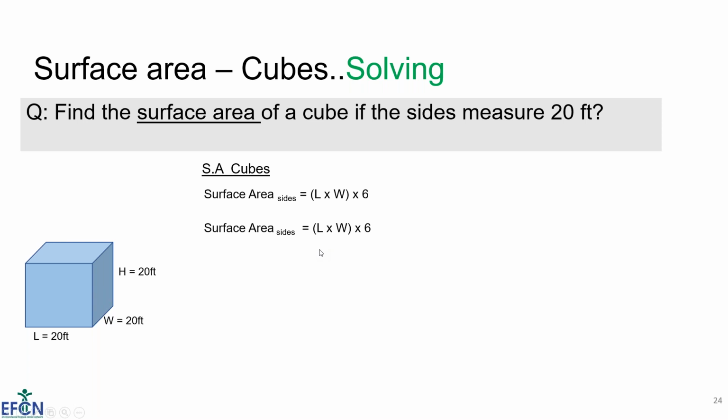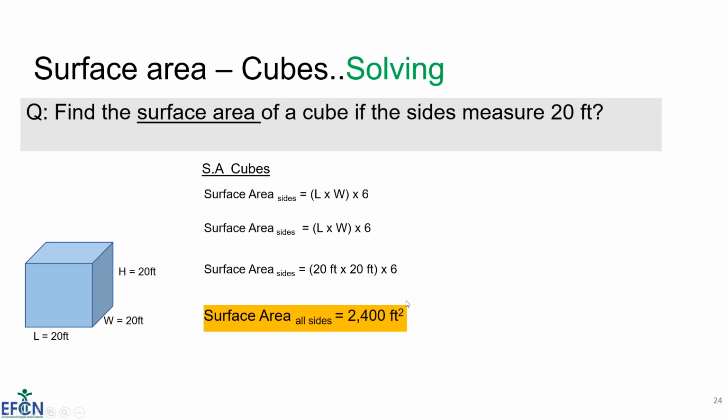So my surface area here would be of all sides is 20 feet multiplied by 20 feet, and then I'll have to multiply by 6 because we have 6 sides to this cube, and my answer is 2,400 square feet. So this is all sides, top, bottom, and all the 4 sides on the sides, all of them equal to 2,400 square feet.